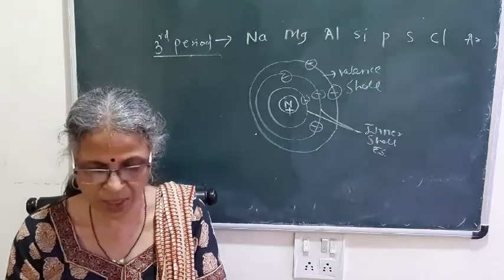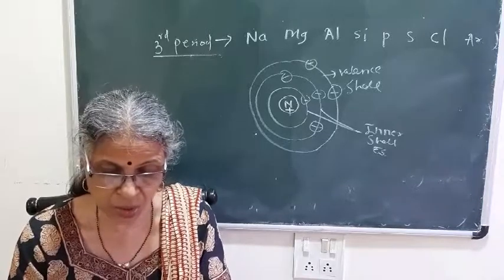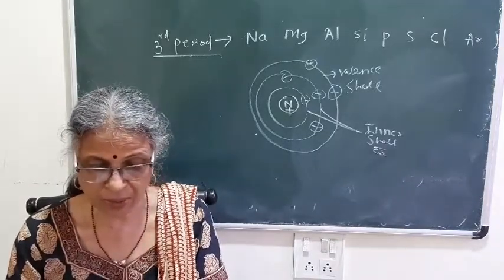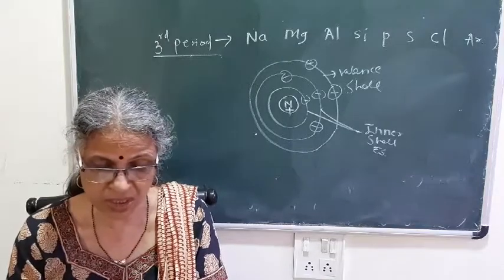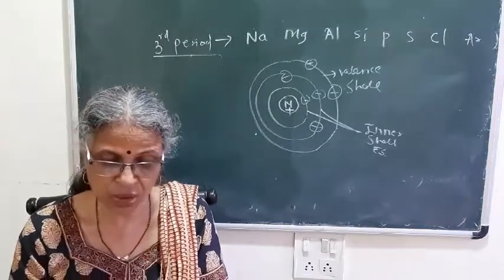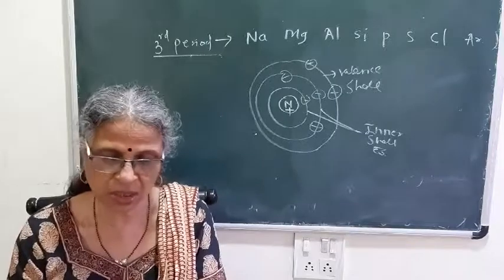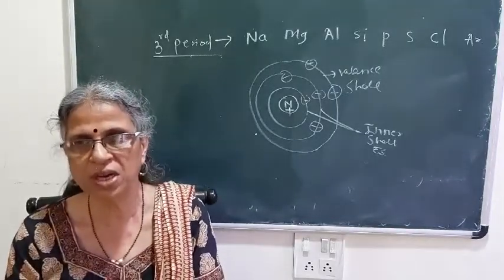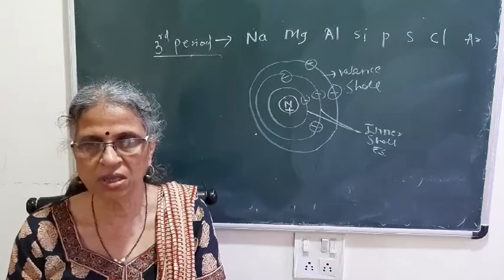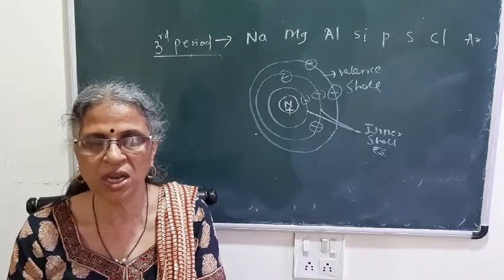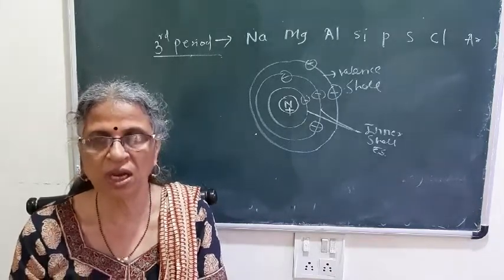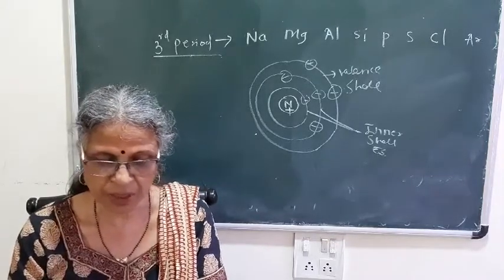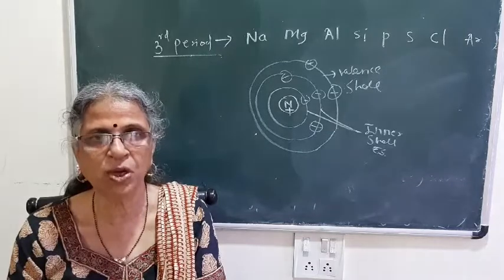It forms a stable cation, and thus due to both things, the tendency of the atom to lose electrons and its metallic character increases. These two reasons are there. One, the increase in atomic radius decreases the atom's ability to hold these electrons, and thus electrons can be easily lost. And secondly, the penultimate shell becomes a complete octet.